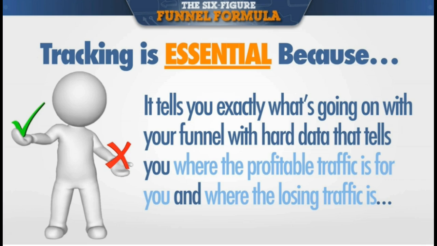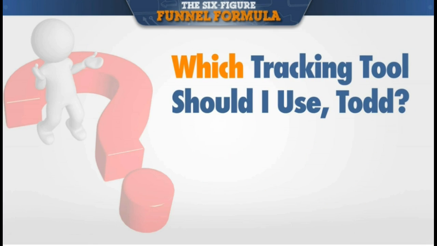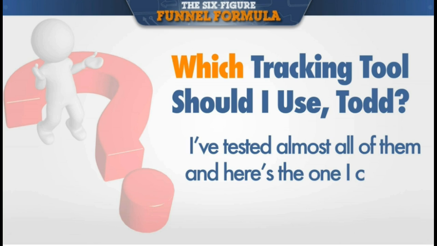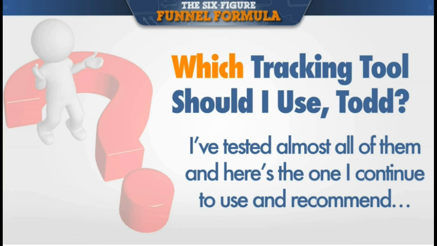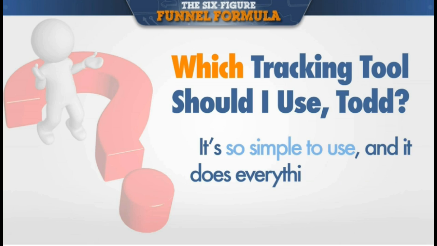Now, when it comes to tracking, like I said, there are dozens of different tracking tools that you can use. I've tested almost all of them, and believe it or not, the one I still continue to go back to and recommend is as old school as it gets. It's about 14 years old, a little longer than I've been marketing online, but it's so simple to use and it does everything we need that there's no reason whatsoever to go with something more complex or more expensive.